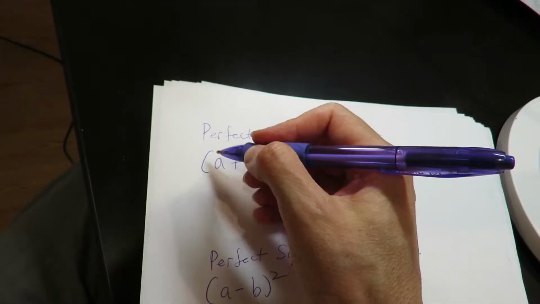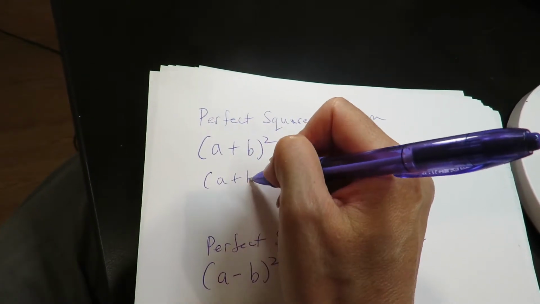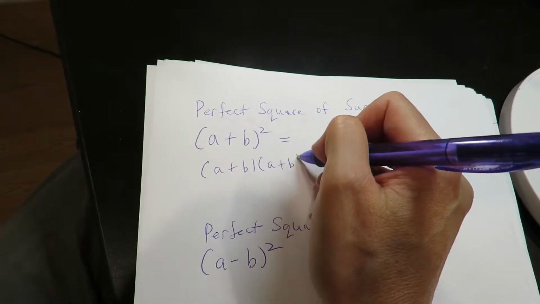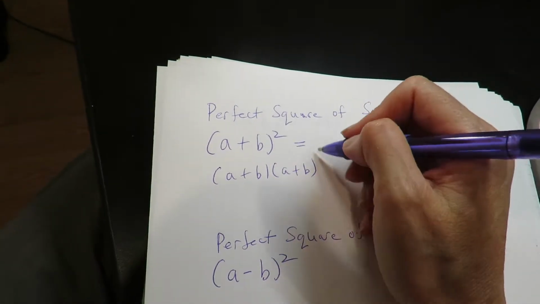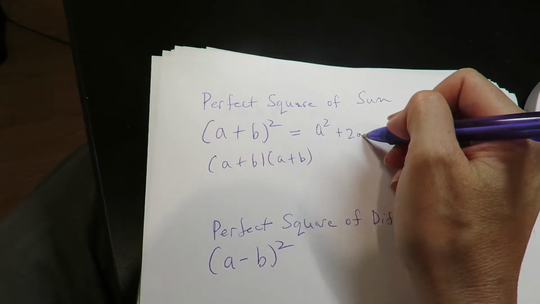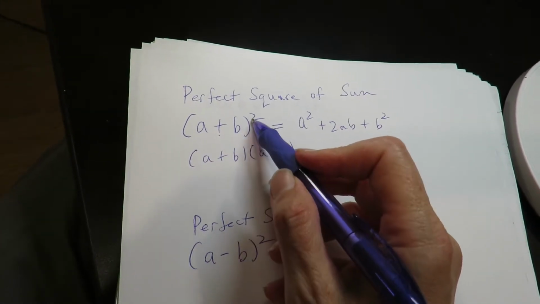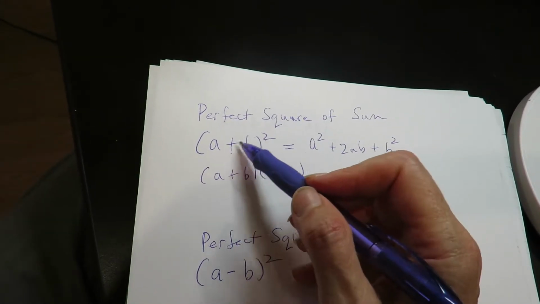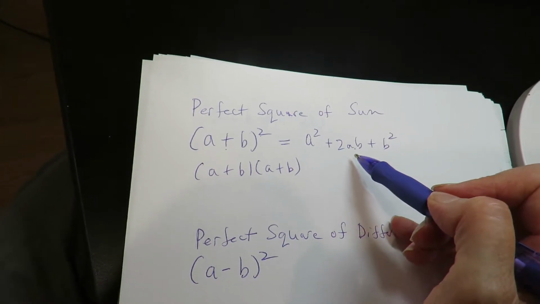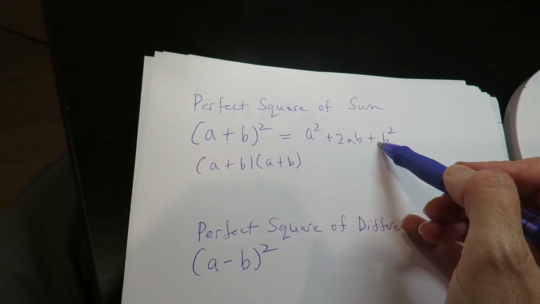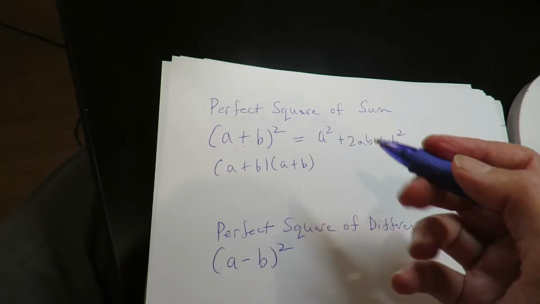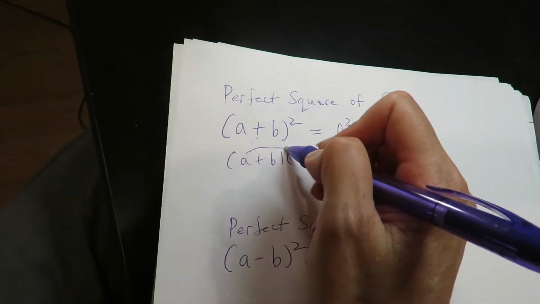So this means that you have 2 of these. So I'll show you the rule or the formula. So this FOILs out to this, but it's important because when we get to factoring, you have to recognize that this goes back to this, okay?